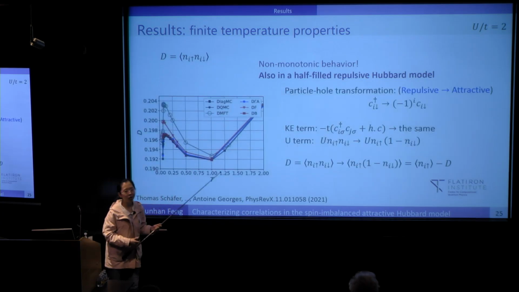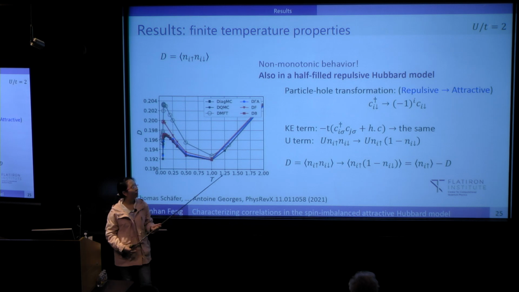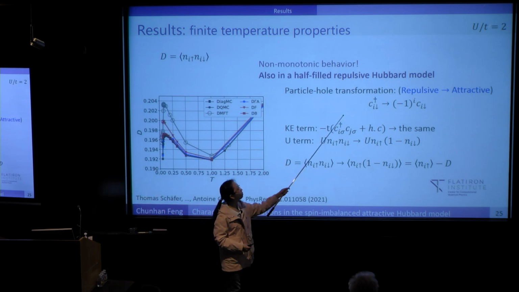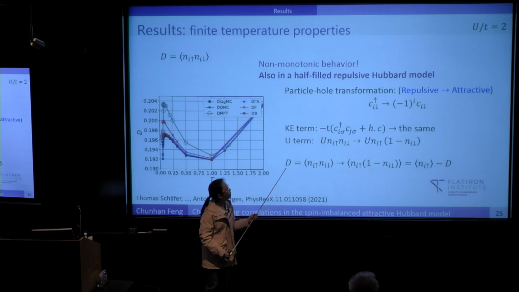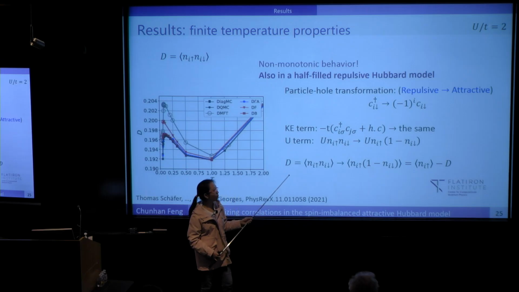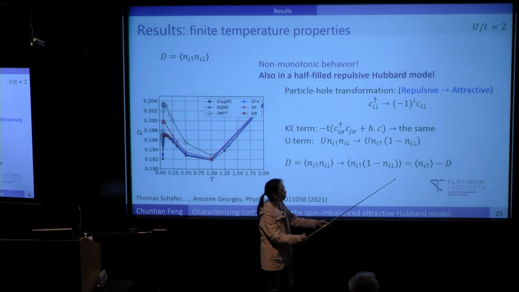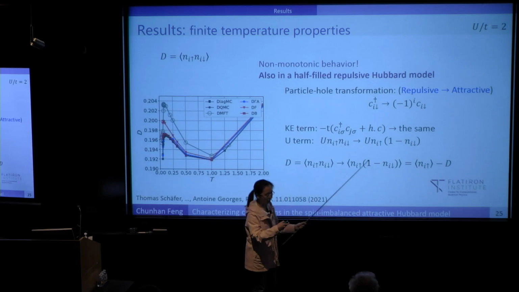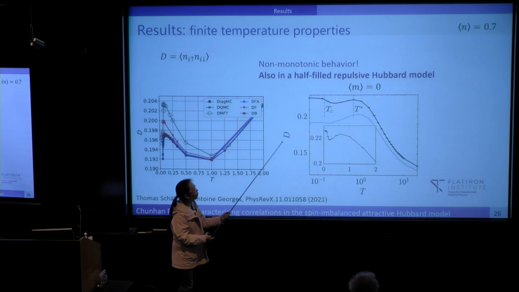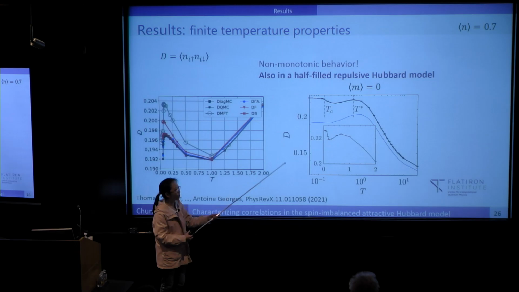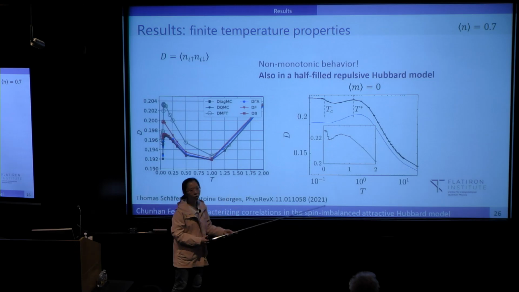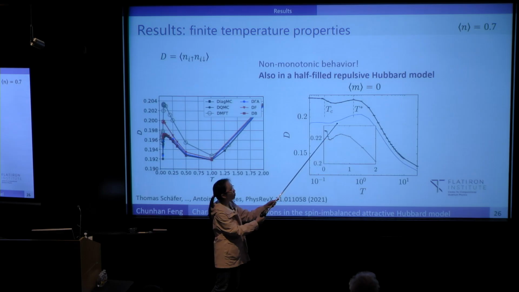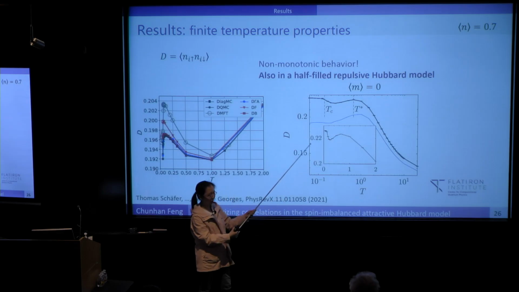And we know there is a mapping between the repulsive one and the attractive one. So if we do the particle-hole transformation, for example, on the down spin, the double occupancy in the repulsive Hubbard model will be mapped to spin-up density minus double occupancy. So as a consequence, we expect the double occupancy to behave inversely. I mean, when we lower the temperature, it should go up, then go down, and then go up again.